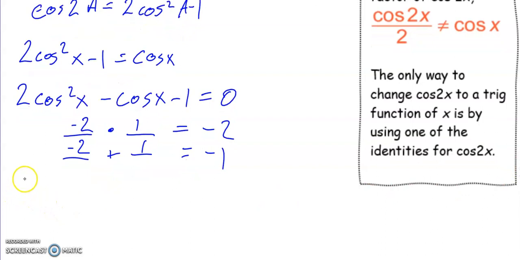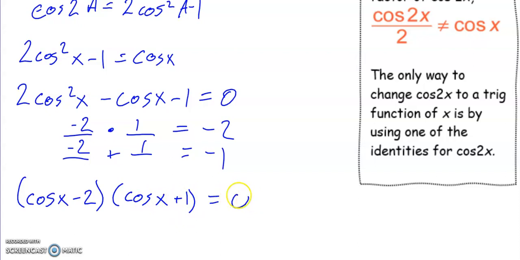So that works. So when I factor this, this is going to become cosine x minus 2 and cosine x plus 1, and that equals 0. What I did is I unmultiplied this trinomial. Because there is a value in front, I am going to divide both of these numbers by this value.